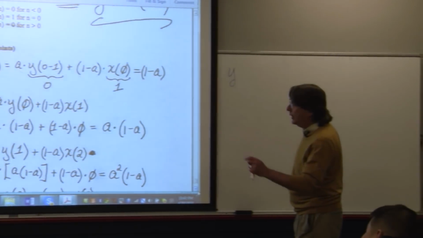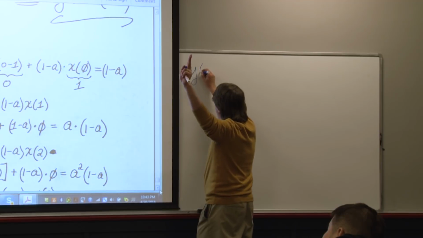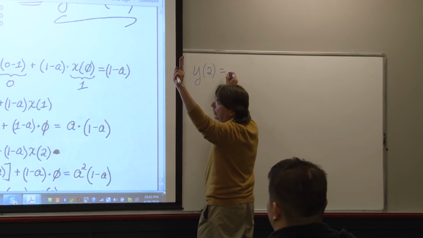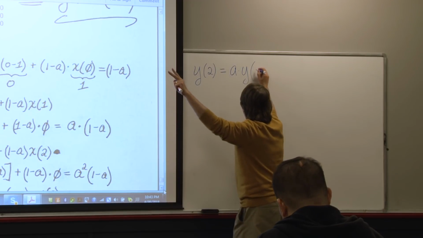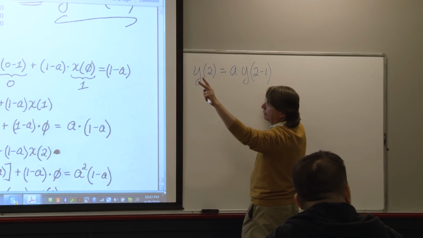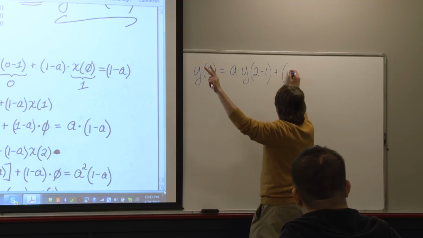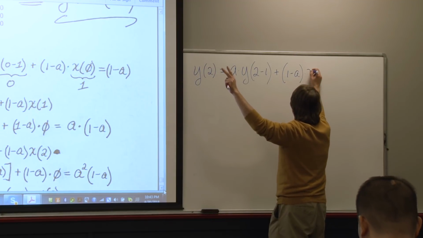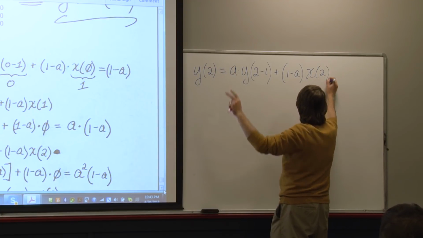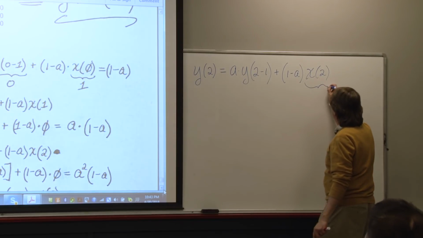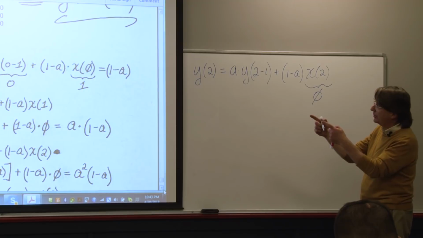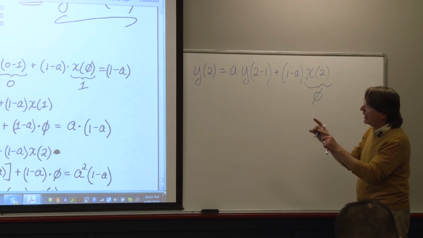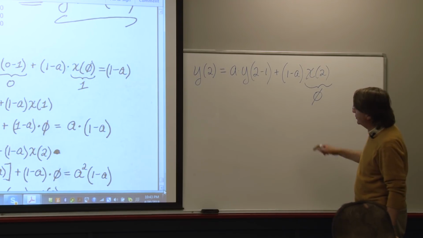I'm up to n equal 2. So y of 2 equals a times y of 2 minus 1 plus 1 minus a times x of 2. Well, this is 0 here, because the only value of x that's not 0 is x of 0.